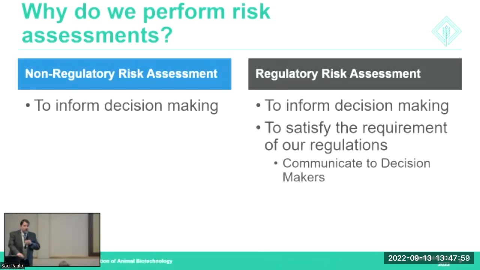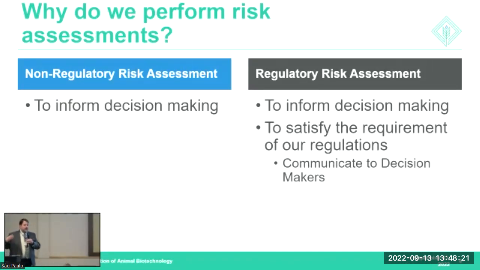Almost always, we also have to communicate our decision. And we have to communicate that to decision makers as well as to the general public. When we think about risk communication, we're always thinking of the general public, but in most jurisdictions, the risk assessors are technical people. They have technical credentials.